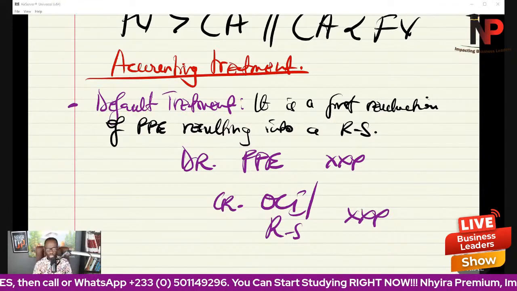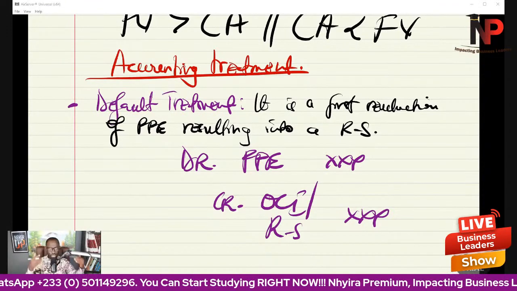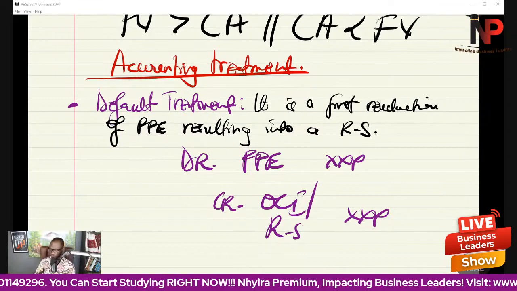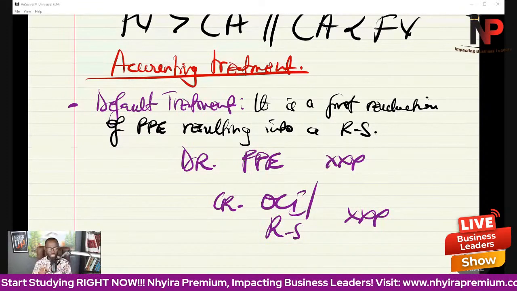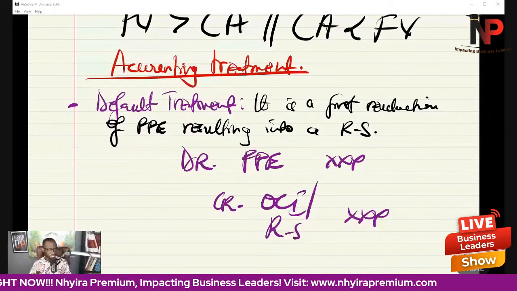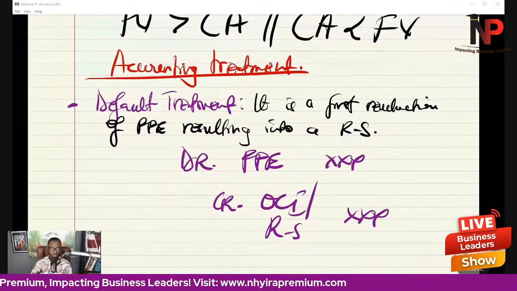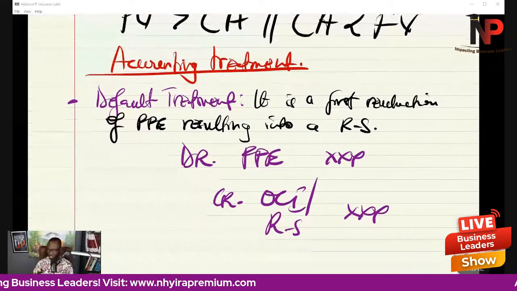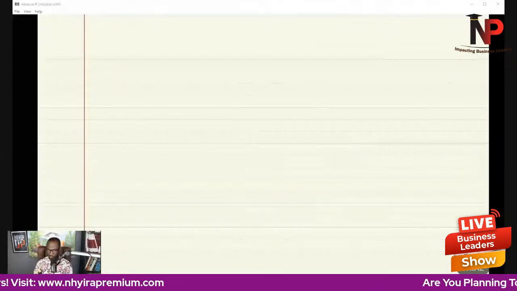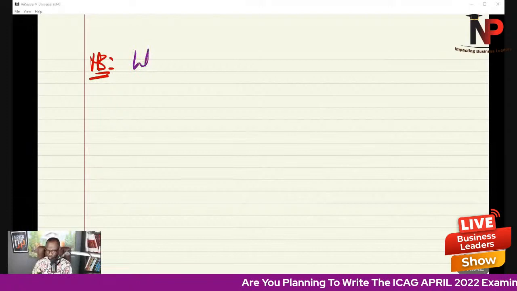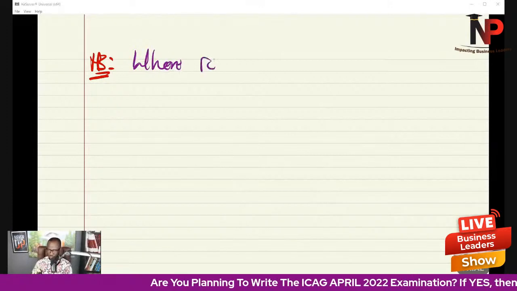But this is one thing that you have to understand. Because of the upward revaluation, the entity is going to be charging, or may charge, more depreciation than it is supposed to have charged, especially when revaluation is done at the start of the year or midway through the year.